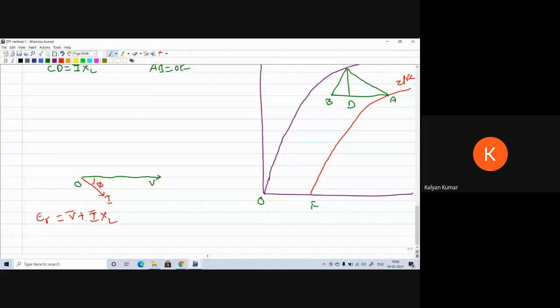We discussed this when we were talking about leakage flux. So ER is the air gap induced EMF. So to this V, if you add the IRA drop and IXL drop, then you are going to get ER. But here IRA is negligible. So we are adding IXL to V to get ER. This IXL we are going to get from this CD. So in this graph, from C we get IXL. So if we add this IXL to V, IXL is perpendicular to I. So IXL will be perpendicular to I. So we will get ER.